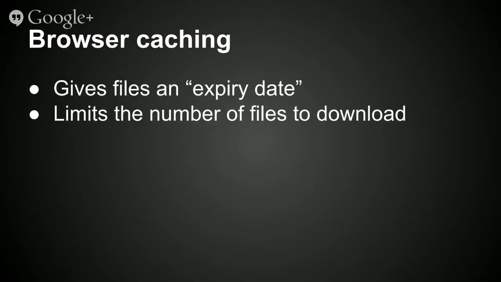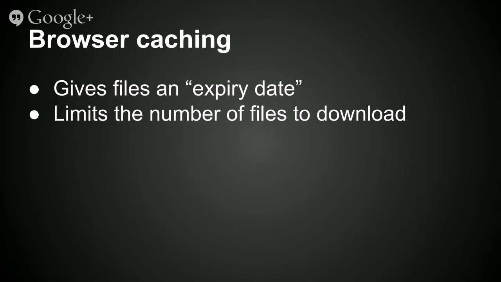Browser caching is sort of the flip side of that, where the cache is not stored on the server, it's stored on your local computer by your browser. This gives every file a quote-unquote expiry date. So when you, as a visitor, download an image from my site, my server will tell you, okay, this image is good until the end of the month. Don't check for it again until the end of the month. And at the end of the month, check and see if there's a newer version, and if not, keep that same one.